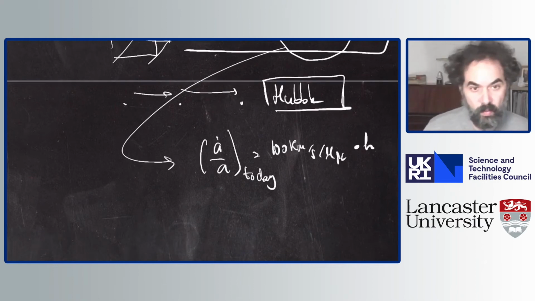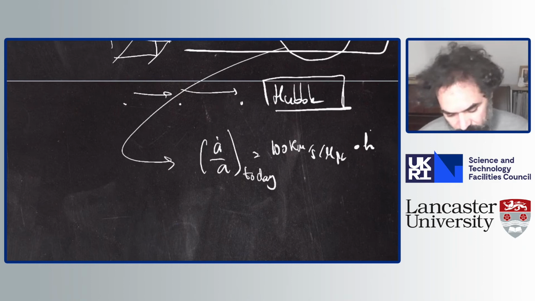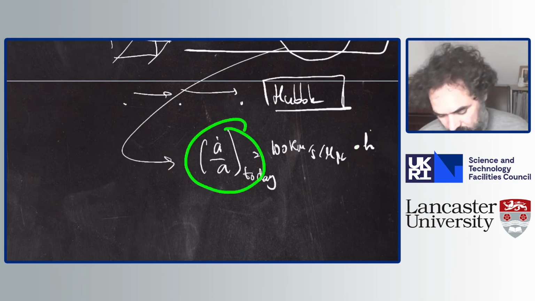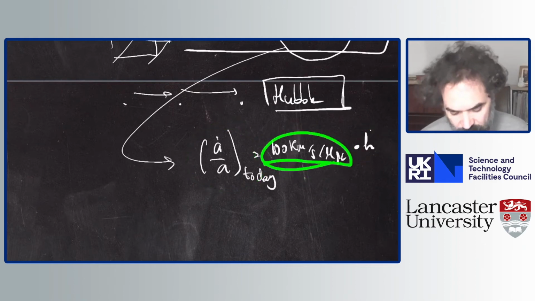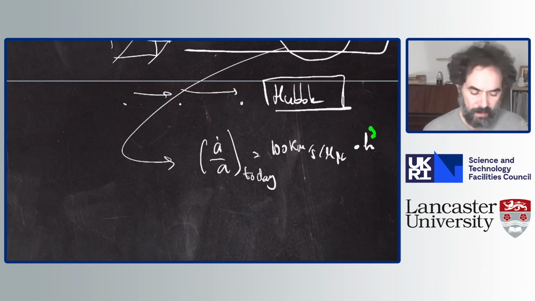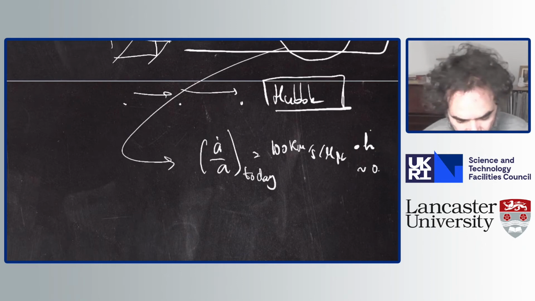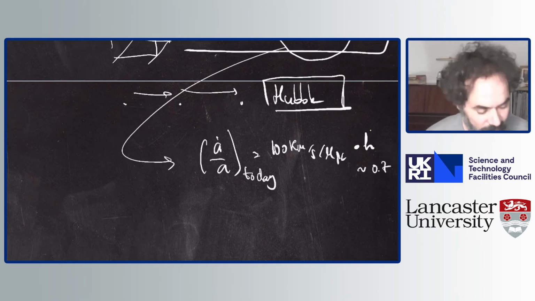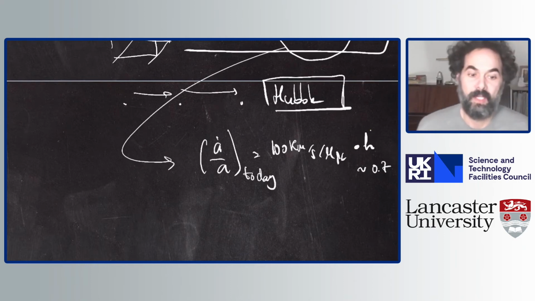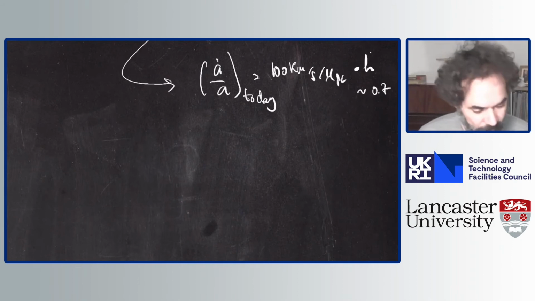I didn't tell you what it was before, and it is a way to easily do and remember what this quantity is without having to be very precise. So this quantity is around 100 kilometers per second per megaparsec, and the only thing that you don't know is h, and h from data is around 0.7, 0.67, 0.71, depending on which survey you look at. There's some controversy today about what it is, but this is basically the order of magnitude.